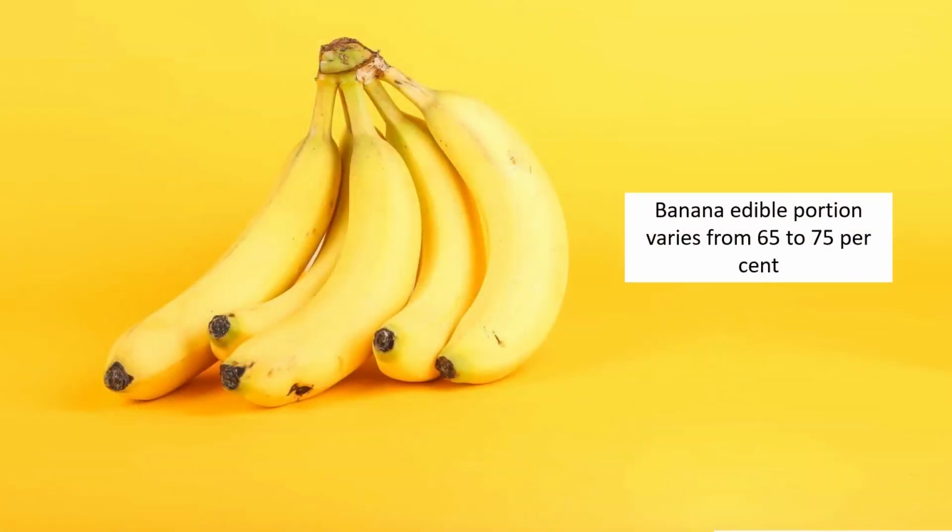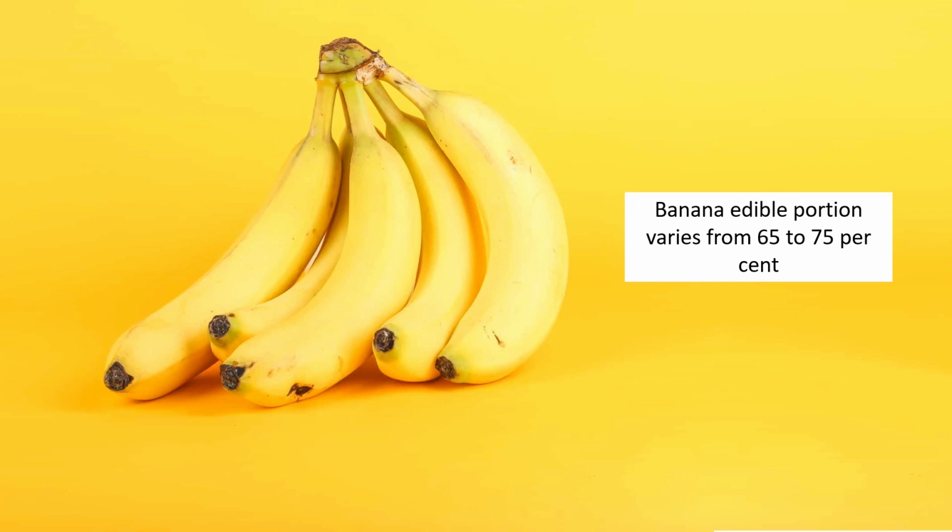Compare this with peas. Peas, we know the edible portion is only 50% after removing the pod. So when we are talking about one serving size, you need to consider these aspects. Banana, the edible portion varies from 65 to 75%. Therefore, when we say 100 grams for other fruits, for banana it may only be about 40 grams. Similarly for mango, it may be only 60 grams.